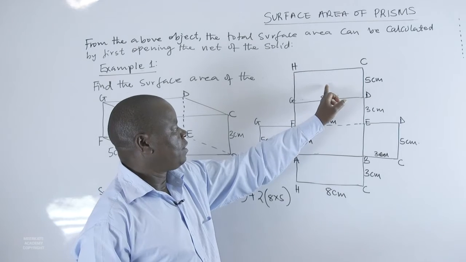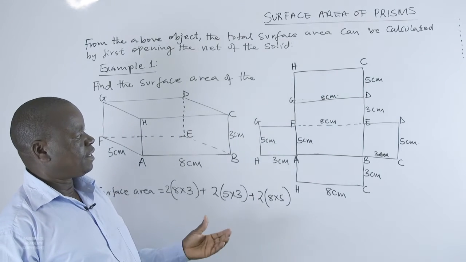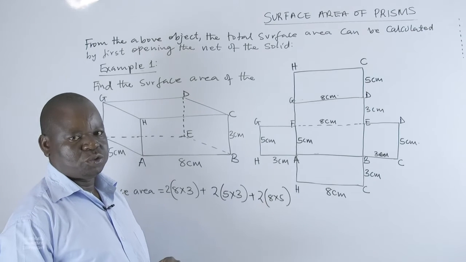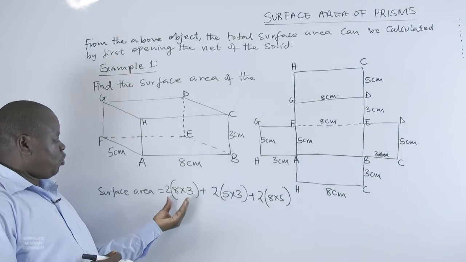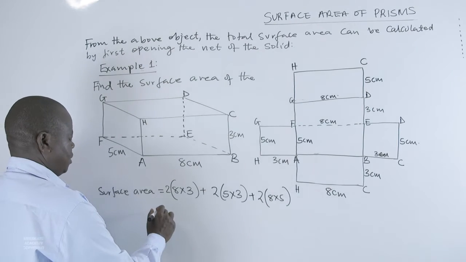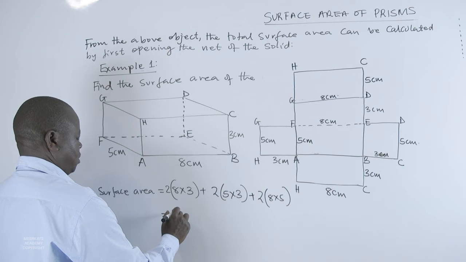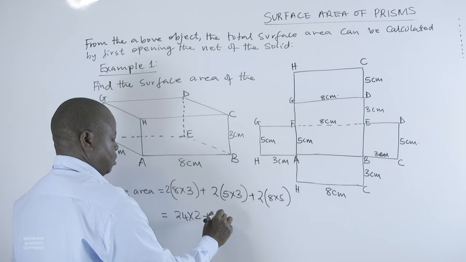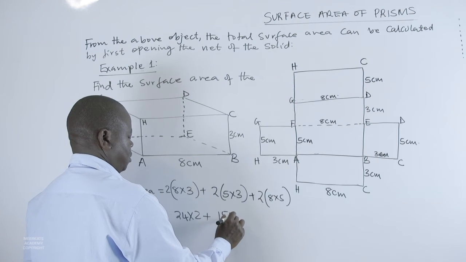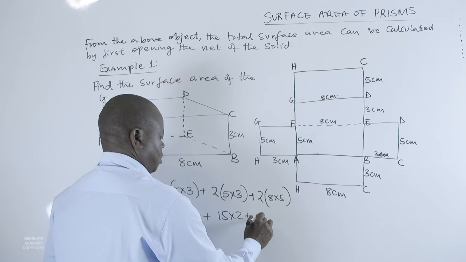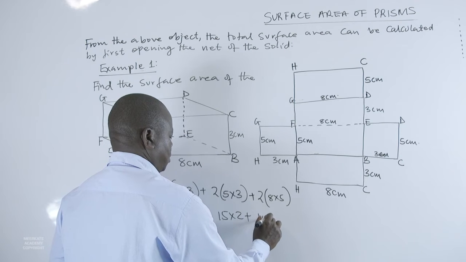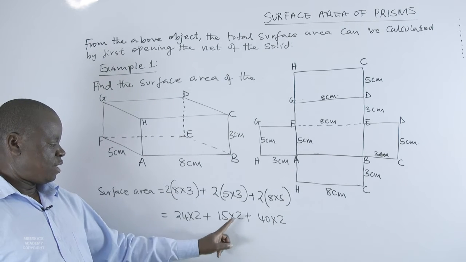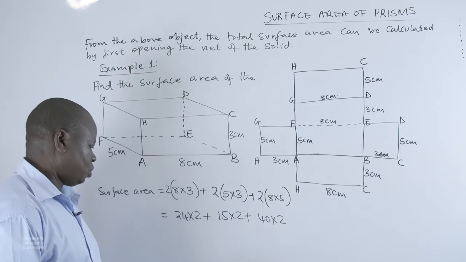And another top plane which is 8 by 5. So we multiply by 2. So upon multiplication, we obtain (24 times 2 plus 15 times 2 plus 40 times 2).